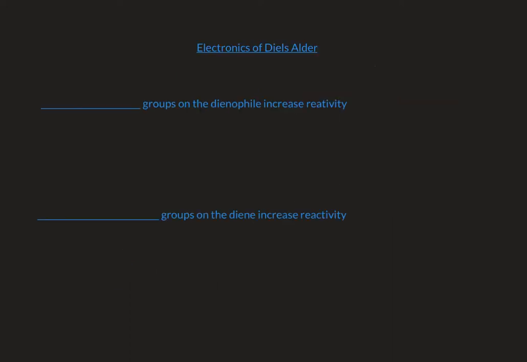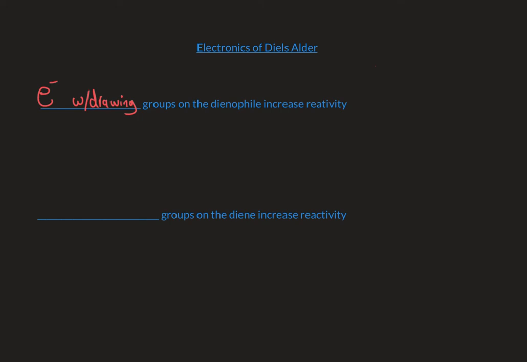So far, we've looked at Diels Alder reactions that didn't have any substituents on them. Now I want to look at a couple of examples that have substituents on them. A couple of notes: electron withdrawing groups on the dienophile increase reactivity.